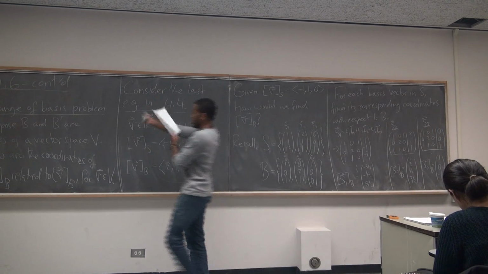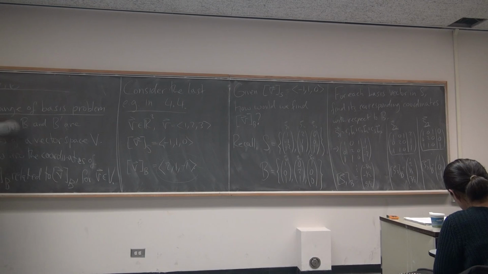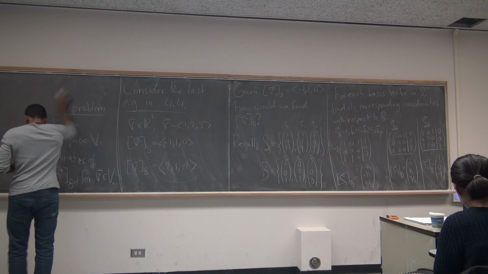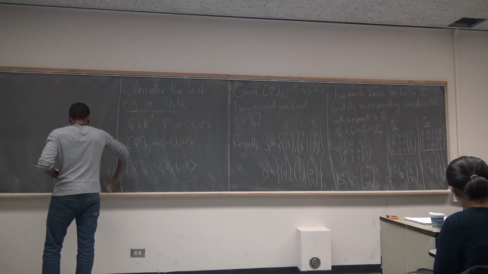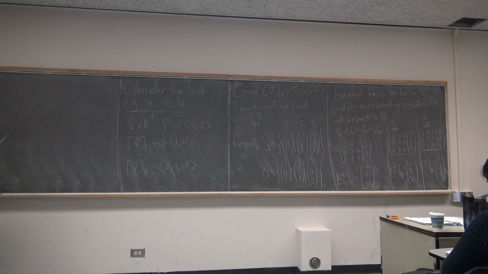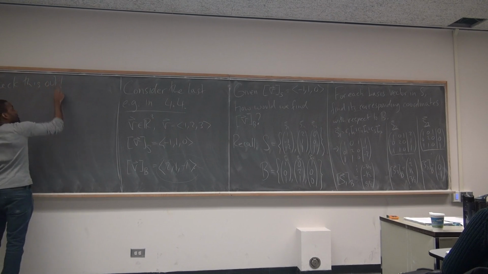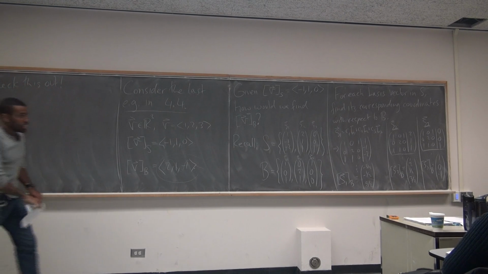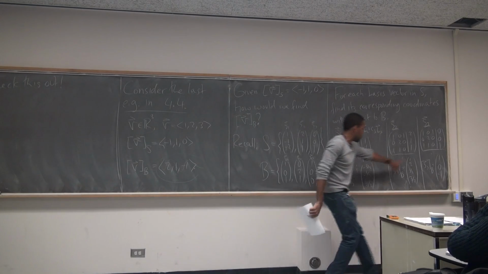Okay? About to wrap this part up. I'll skip the notation. I'll just give you the answer and then we'll talk about it more next time. Check this out. Take these three vectors that I just found.